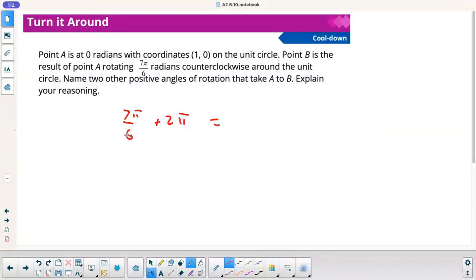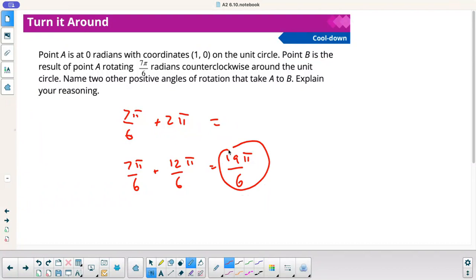If you wanted to use the common denominator, this would be 7 pi over 6 plus 12 pi over 6, which is the same as 2 pi. So that would give me 19 pi over 6.